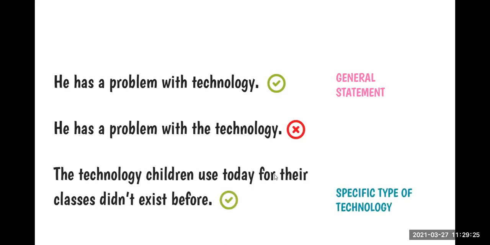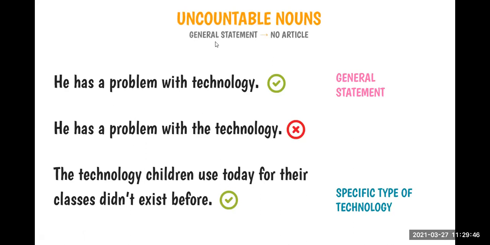When we are talking about an uncountable noun in general, we don't use the. But when we are talking about an uncountable noun, and we are talking about a specific type of something uncountable, we can use the, okay? So general statements, no article, and for a specific type, we can use the, okay?